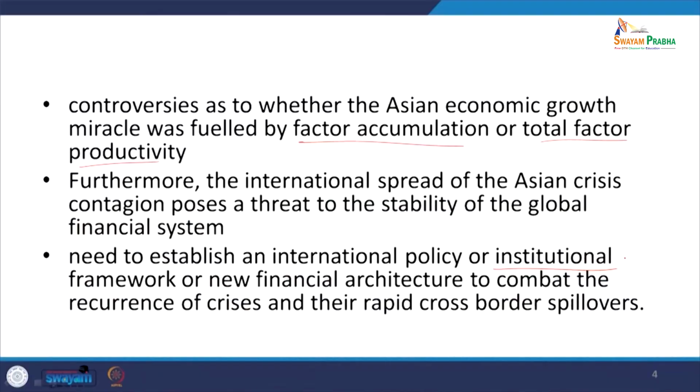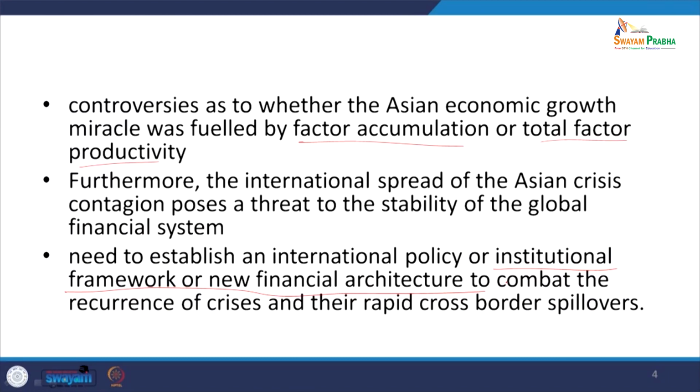An institutional framework or new financial architecture is always needed, and some institutional mechanism must always be there to combat these possibilities. And since there are cross checks on the way of any growth, sustainability can be expected. So, the spillover of these negative externalities can be reduced. Therefore, an institutional mechanism or policies are required.